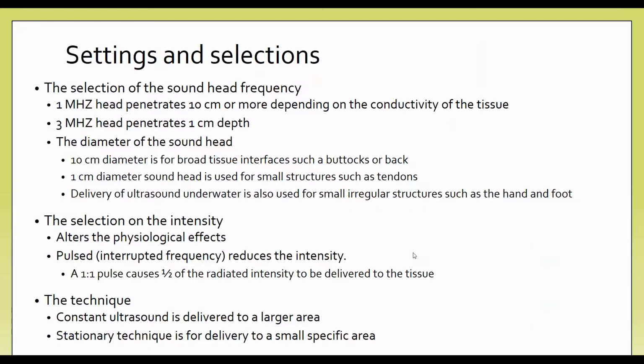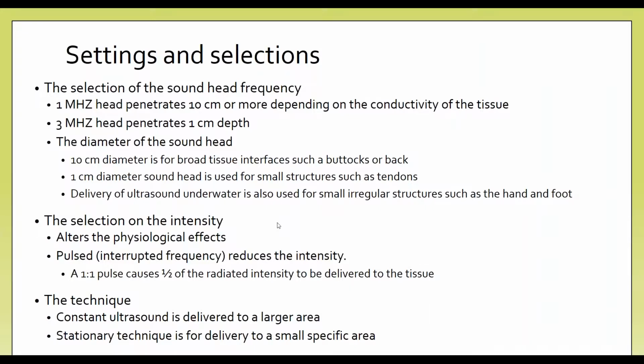If it's mostly adipose tissue, it'll even go deeper because the oily substances in adipose tissue conduct the ultrasound better than any tissue that may contain a little bit of air, like muscle tissue that has oxygen in it and more gases. Fat has almost no gas to it at all, which allows it to penetrate a little bit further. Doing it over the buttocks or something like that where you have a big fat pad sitting there, you're probably getting close to 15 centimeters in depth with a 1 megahertz head.